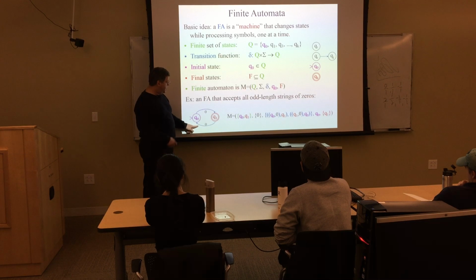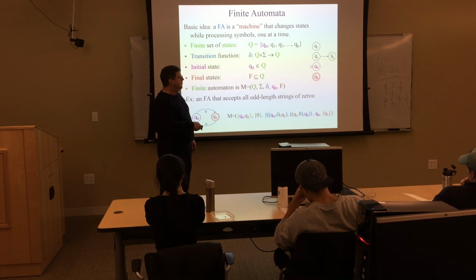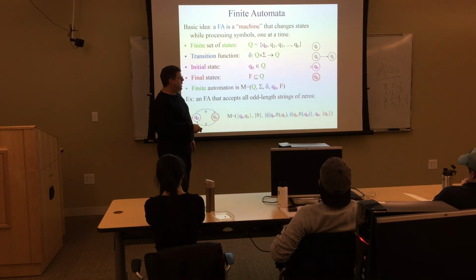Okay, so these two transitions in blue are represented in these two pairs or tuples, where the first element of the pair is a state and a symbol, and then the second element is which state you'll go to next if you were in this first state and you saw a 0 at that moment.